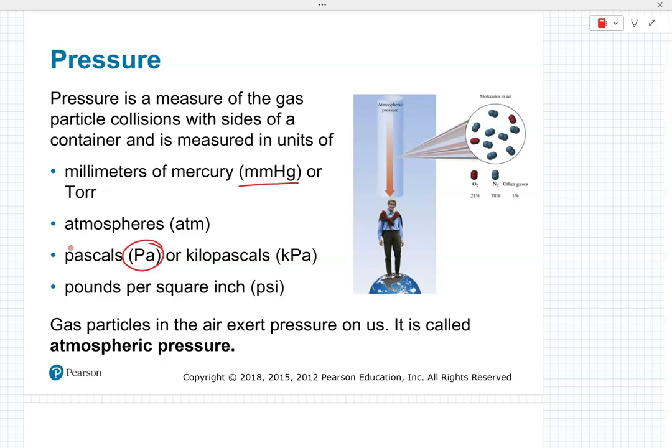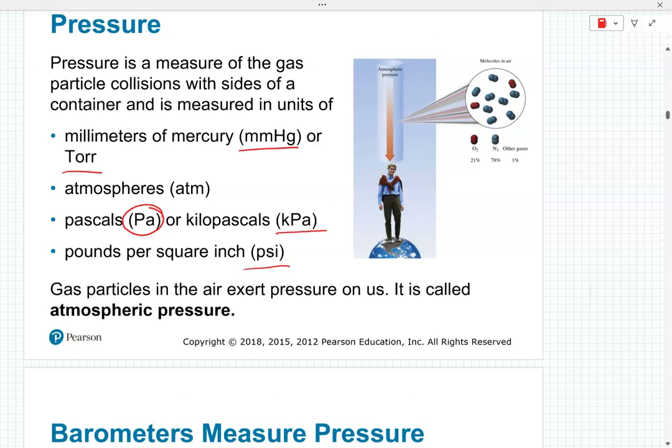Same as torr. Millimeters of mercury and torr are numerically the same. 1 torr is 1 millimeter of mercury. Clear? Well, kilopascals, psi, pounds per square inch. I was completely caught off guard when we moved to the States and I realized that I don't have my beloved pascals, because of the psi.